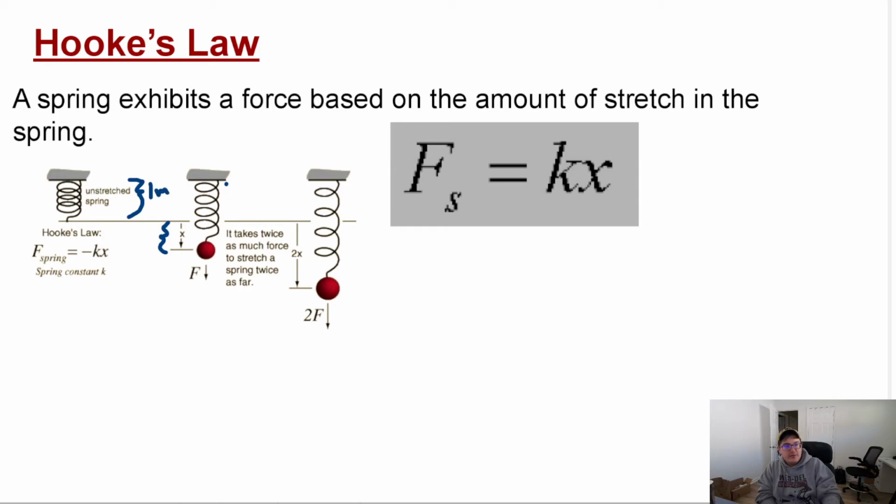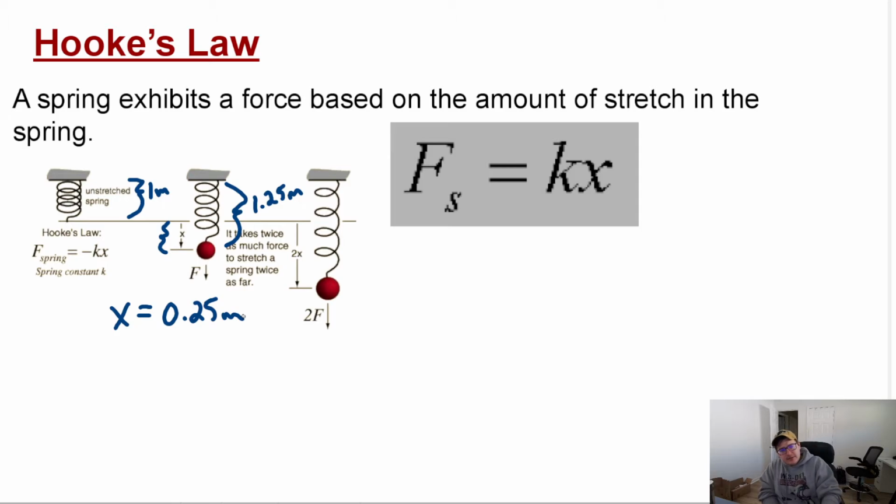If this whole thing now is, let's say, 1.25 meters in length, then my x is going to only be 0.25 meters. Okay? When you're looking at stretch distance, you're not looking at how long the spring is, you're looking at how far you've stretched it. And we're going to practice that here in a moment.